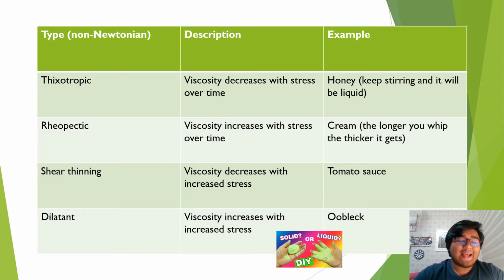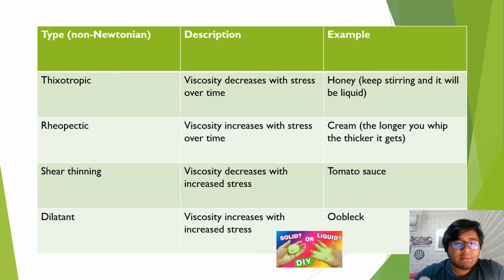So next, shear thinning. Viscosity decreases with increased stress. So it means that when you apply more stress on the fluid, it will be less viscous. Okay, so for example, tomato sauce. When you are at home, you want to put sauce on your plate.